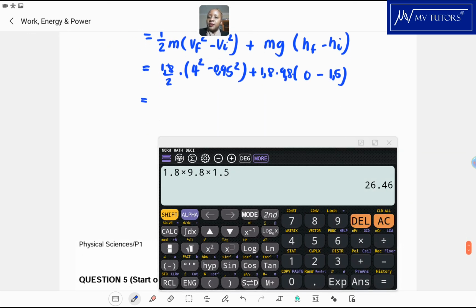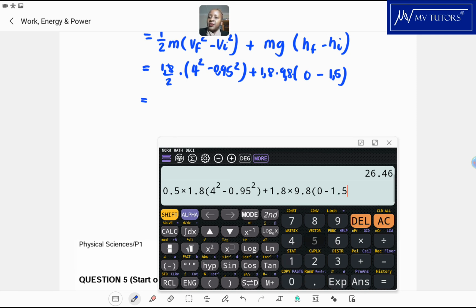So we have 0.5 times 1.8, and in brackets we have 4 squared minus 0.95 squared, plus 1.8 times 9.8, and then in brackets 0 minus 1.5.